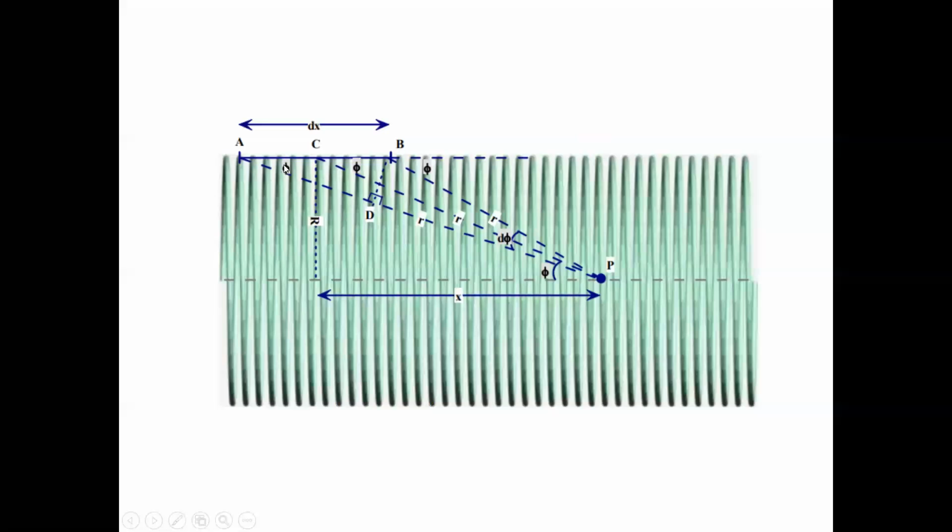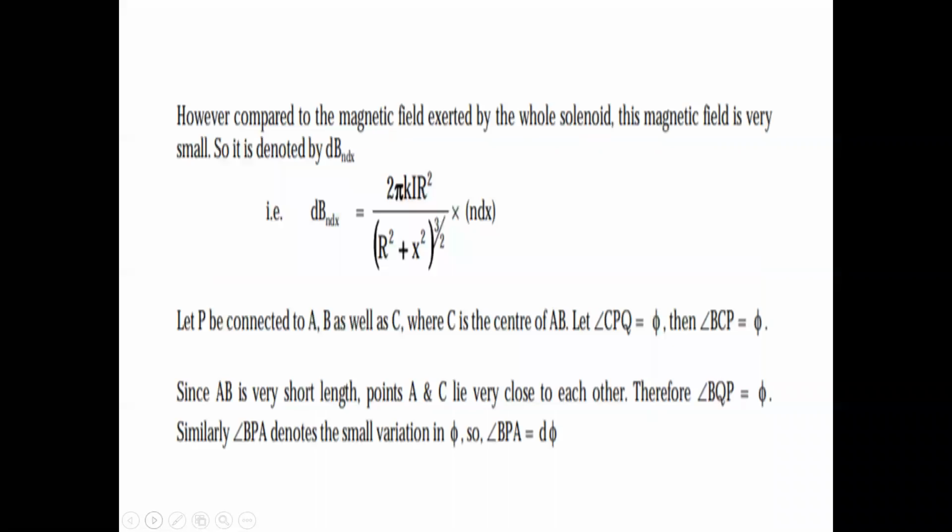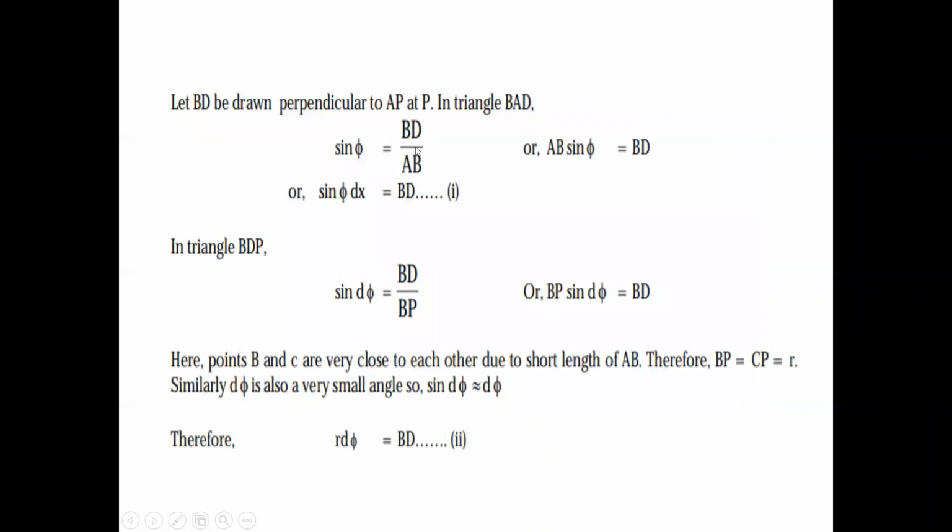So sin phi is equal to the opposite side BD by hypotenuse AB. Here AB is the length, that is dx. So by cross multiplying, AB sin phi is equal to BD, that is dx sin phi.